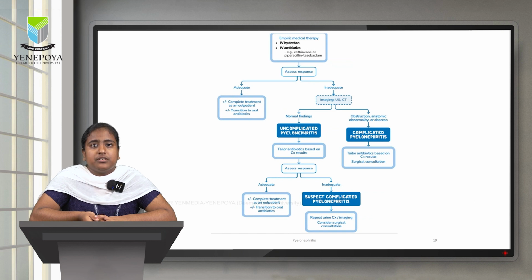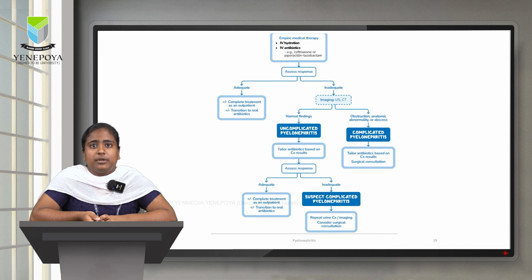So in inpatient management, you assess the response. If adequate, complete treatment as an outpatient and transition to oral antibiotics. If it is inadequate, you do imaging like ultrasonography and CT.